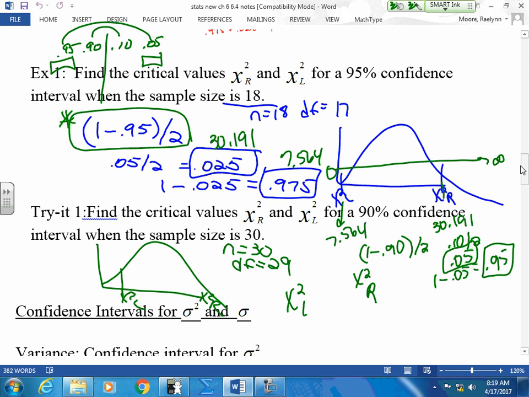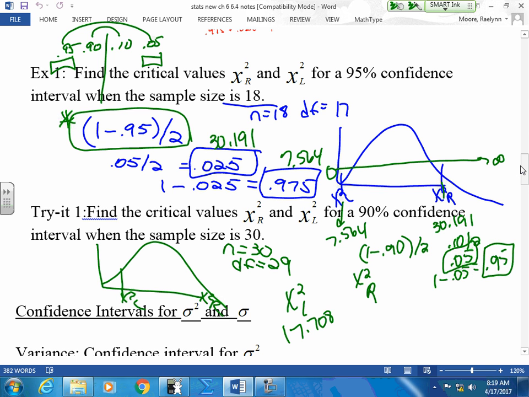Look across the top. 0.95, because you see your numbers in the graph, they keep getting larger. So 0.95, it's the opposite of what you think, because the area is to the opposite side. But that's okay, we don't care about that. We're just going to go there and say, oh, that has to be smaller than when I hit the 0.05, right? So the first one I hit, 17.708, is my left.